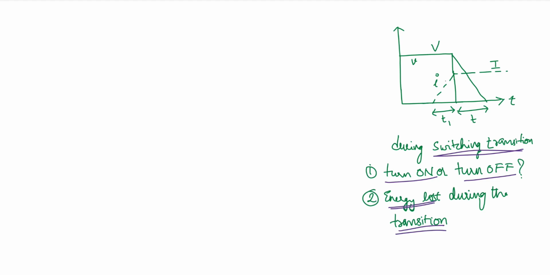Now, a semiconductor device will act almost like a short circuit when it is in a switched on position. You can see from this transient that the voltage is reducing from a constant voltage V to 0, right?